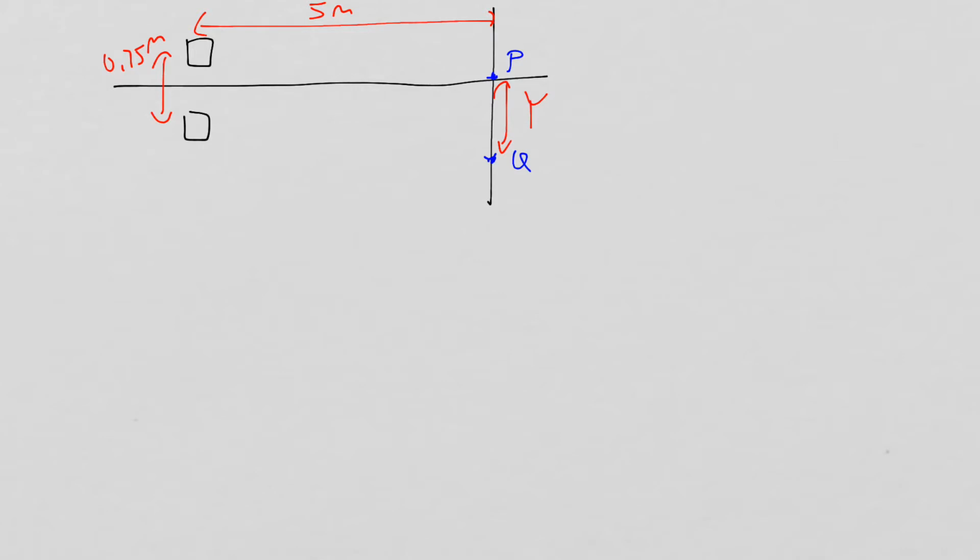We're also told that V sound is 343 meters per second, and that the frequency is 2500 hertz. The first part is definitely something that you can do. We are told the speed and the frequency, and we want to know the wavelength.